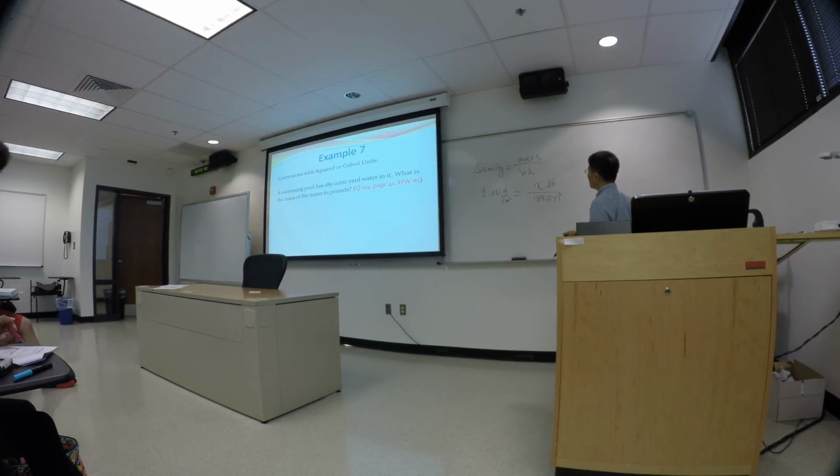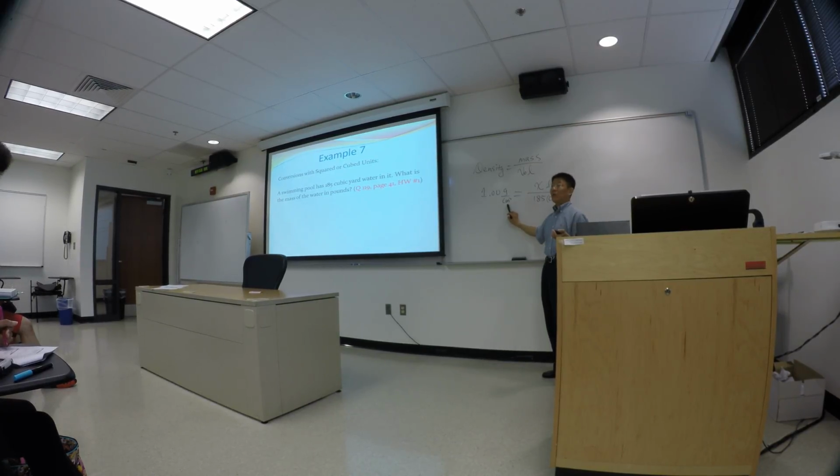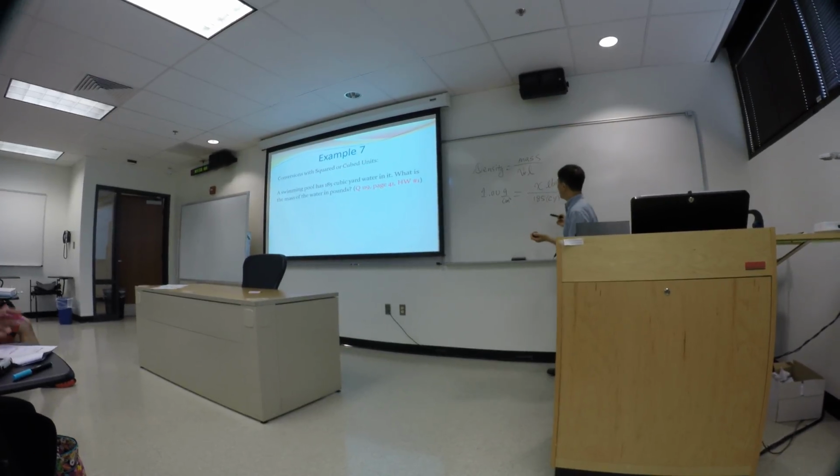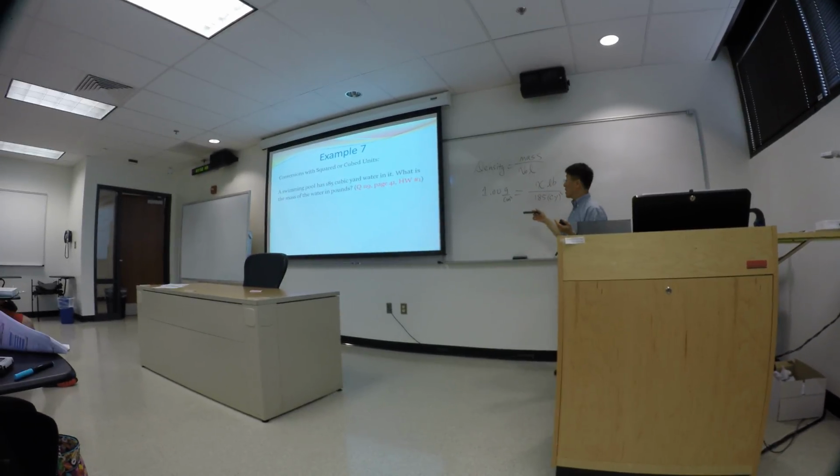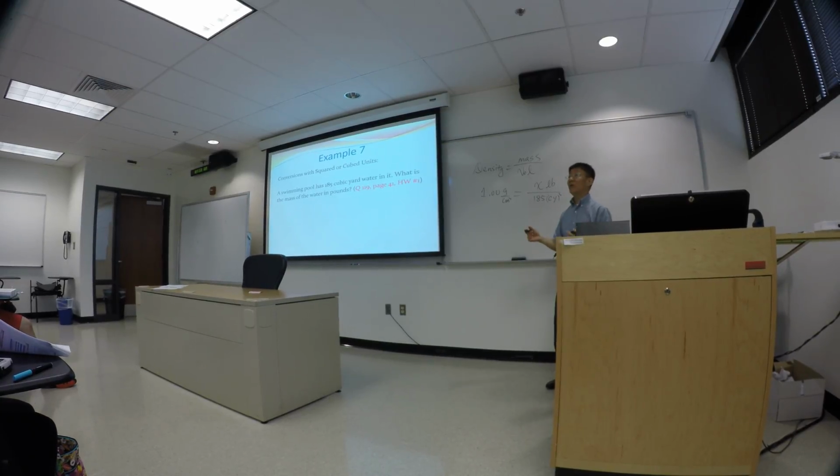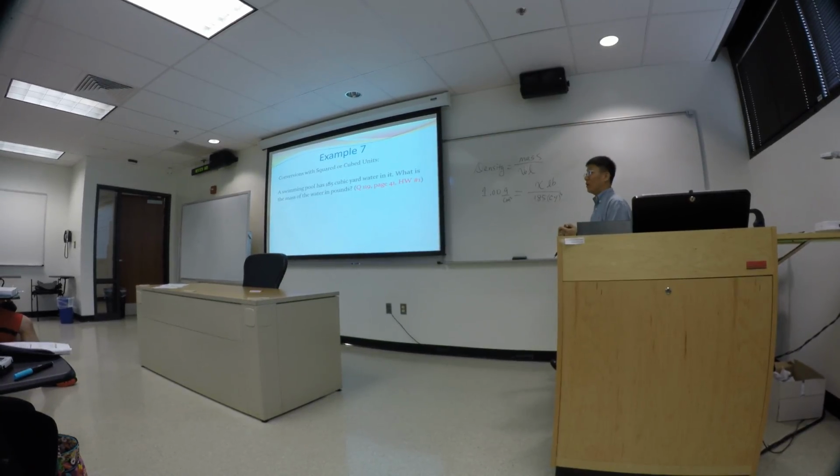So you've got to convert cubic yard into cubic centimeter, so you can cancel out cubic centimeter. What you end up with is not going to be in pounds, it's going to be in grams. And then you have to convert grams into pounds, given all the conversion factors.